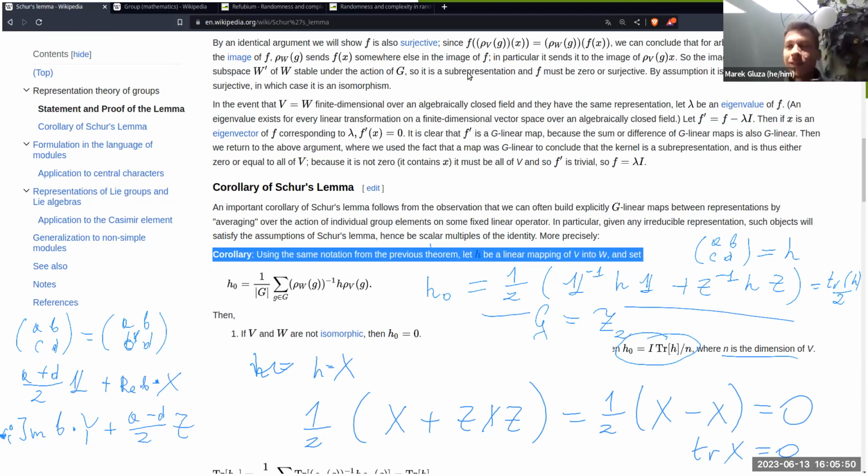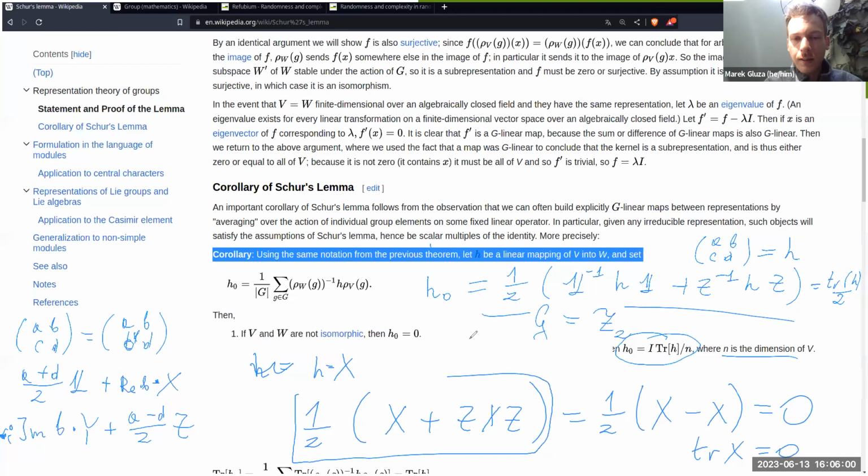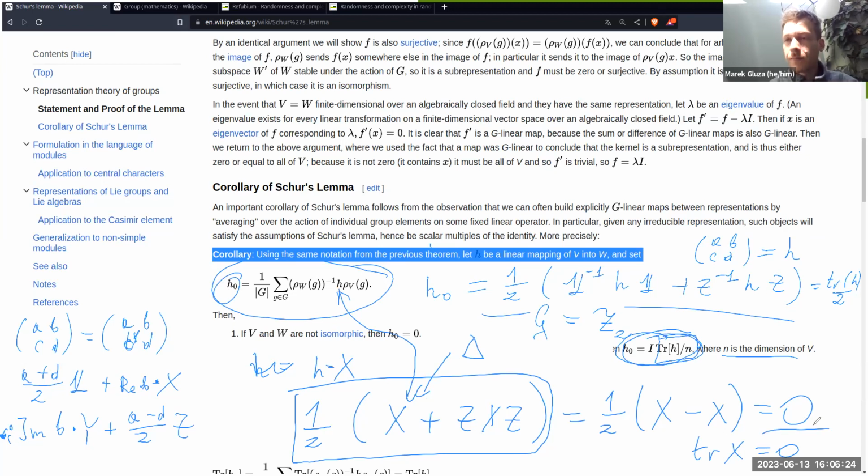And why is it interesting? Okay. I have found a way of annihilating the X matrix. And what I actually applied to it is a quantum channel called the dephasing channel. And basically, after I applied this Schur's lemma operation to the matrix X, which is matrix H here, I got H0, which is supposed to be proportional to the identity times the trace of this matrix, but because X doesn't have a trace, I got a 0.